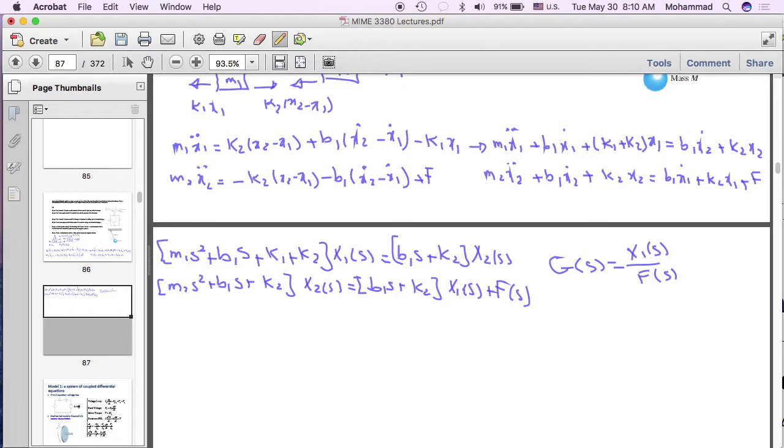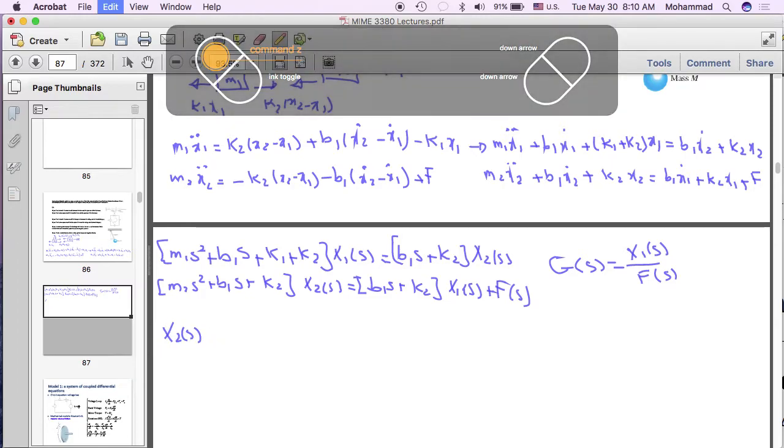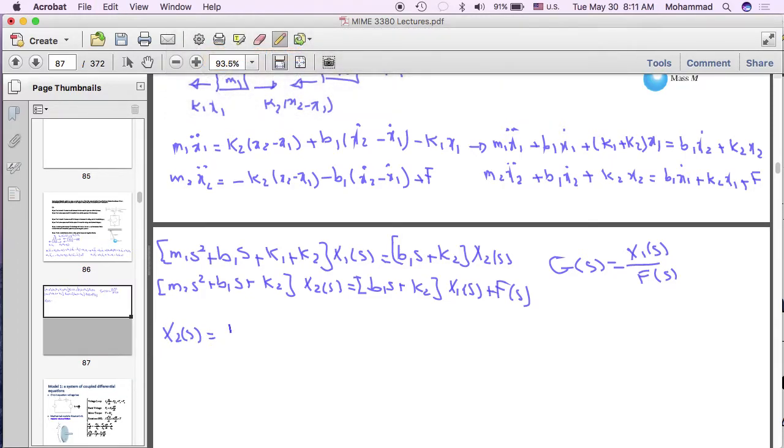There are three variables involved here, x1, x2, and F. So you need to eliminate x2 in order to find that relationship between x1 and F. So from the top equation, you need to find x2. x2 of s will be equal to m1 s squared plus b1 s plus k1 plus k2 over b1 s plus k2 times x1 of s. Can you see that? So x2 is that in terms of x1.